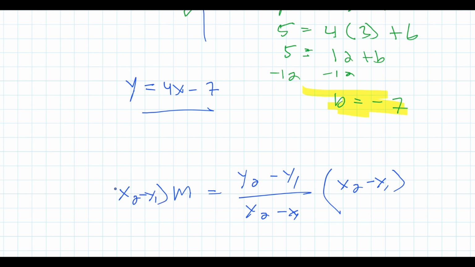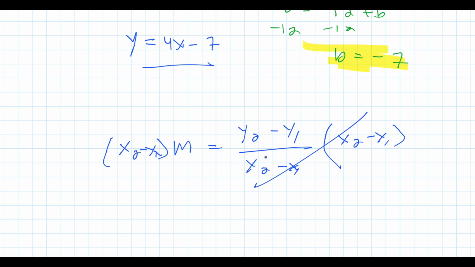And then you do a little switcheroo on what's left over, and you'll end up with y2 - y1 = m(x2 - x1). Then you just erase that little 2 and that 2, and you get your point-slope form equation. That's the other one.